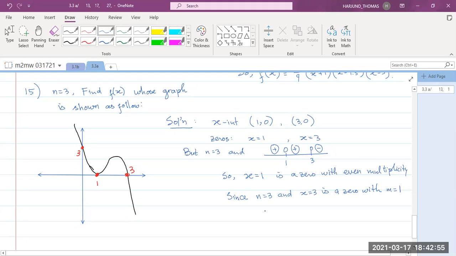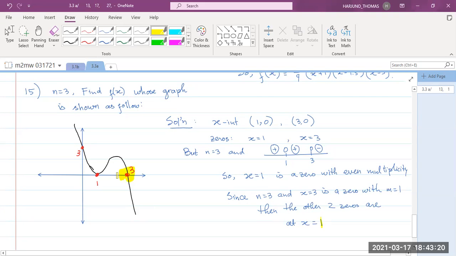Then the other two zeros are at x equals 1. So when 3 is a zero with multiplicity of 1, right?